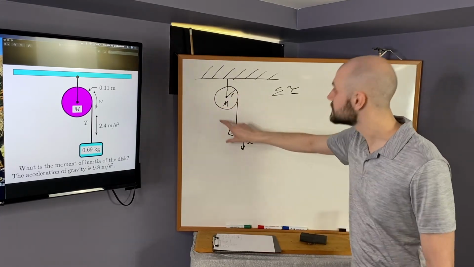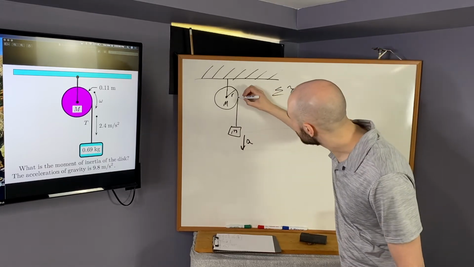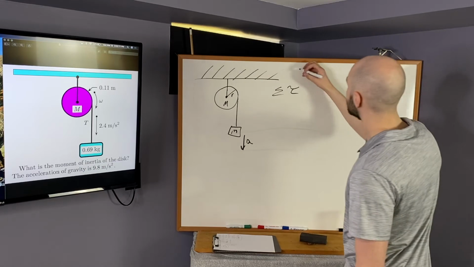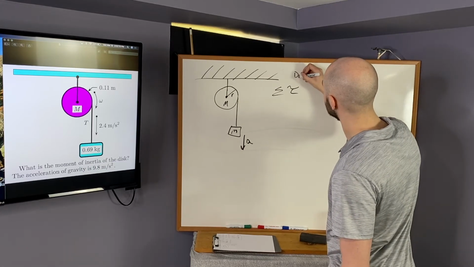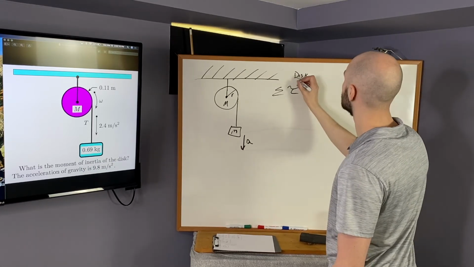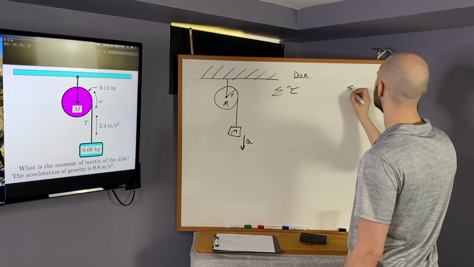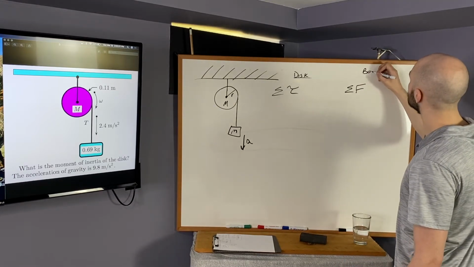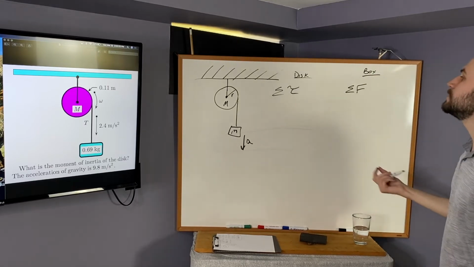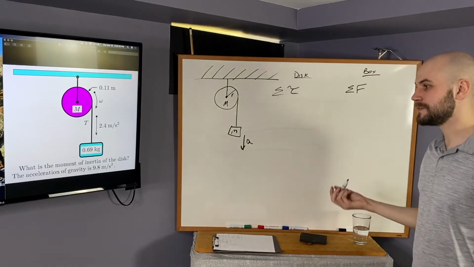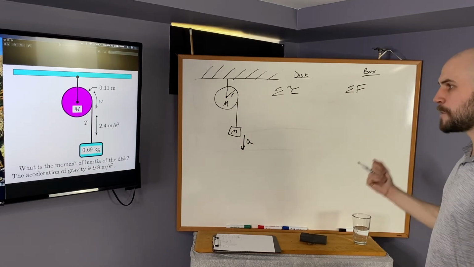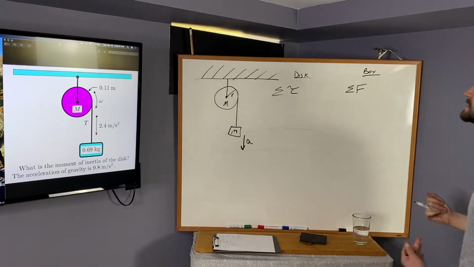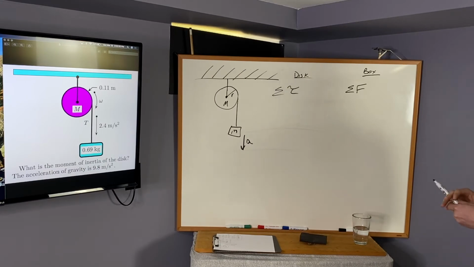This is a coupled system, so they're going to work together to create the motion that's described in the problem. So we're going to look at the net torque of the disk, and we're going to look at the net force on the box. Using these two together, we should be able to find the moment of inertia of the disk itself. Let's break this down and we'll see what we know and what we can find.